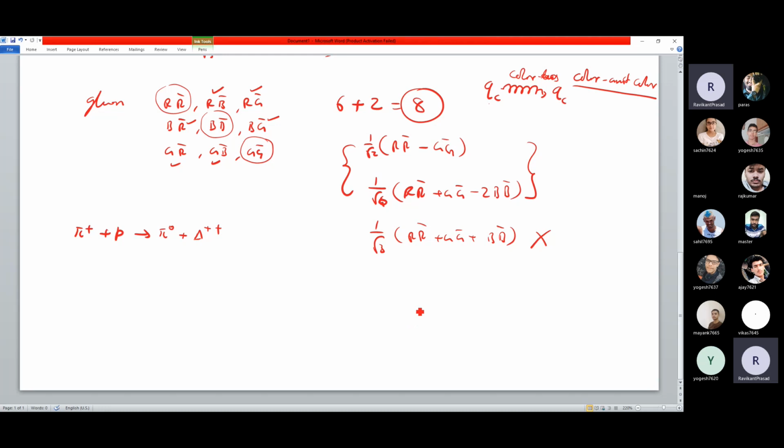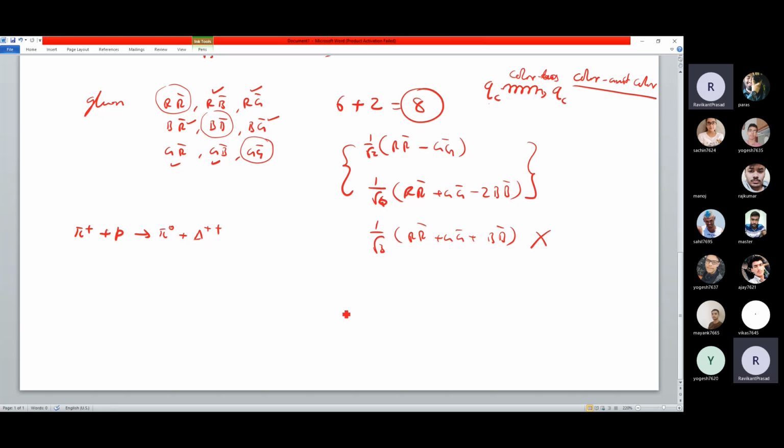If you write the flavor, or you can write the color form also. I will show you the color kind of interaction. Flavor is very easy to write, but color interaction is very difficult to write, because there are so many colors and so many gluons being exchanged for one reaction.